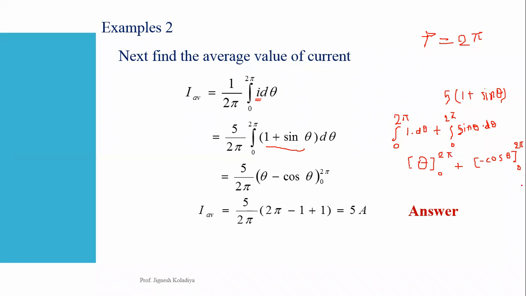Right? So for the first term I'm getting 2 pi only, and for the second term it is minus 1 plus 1. Right? Because if you put, cos 0 is 1, cos 2 pi is also 1, so this will be my answer.